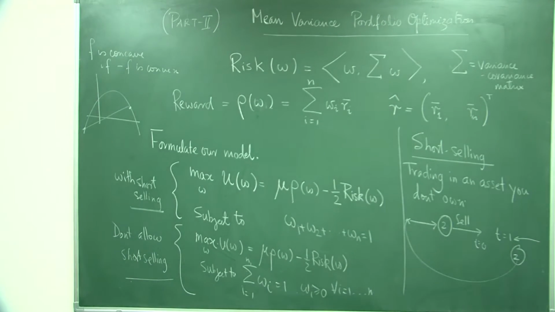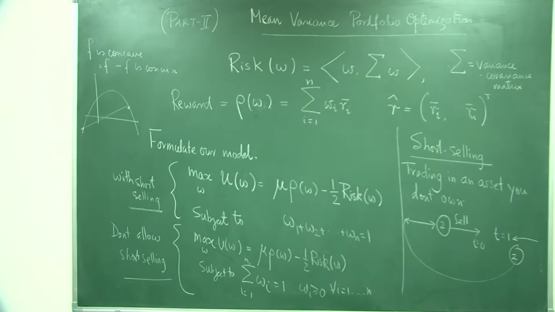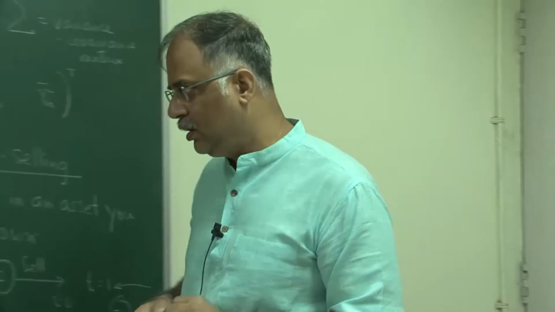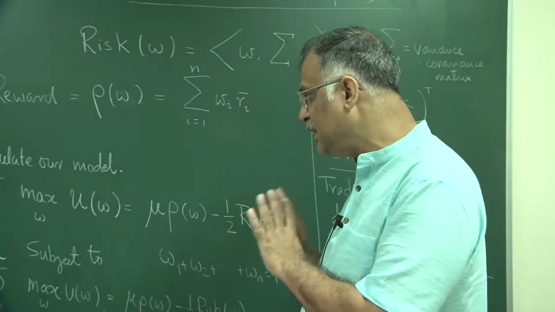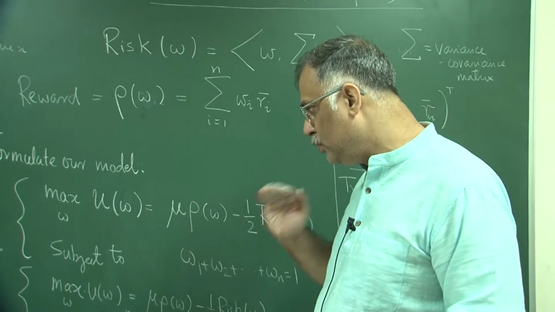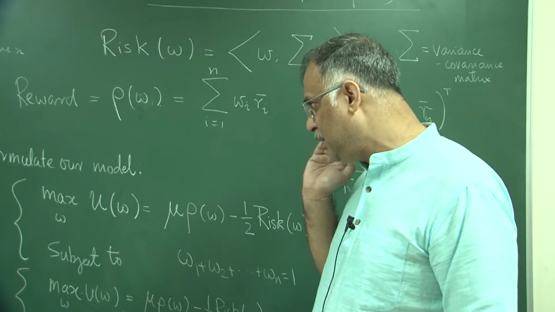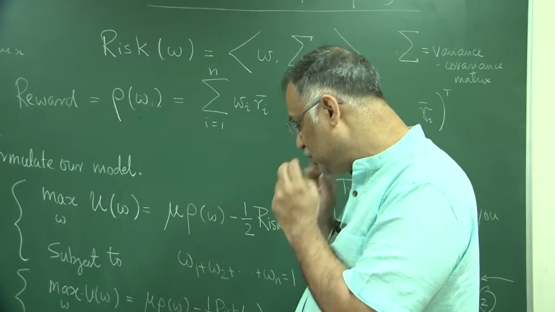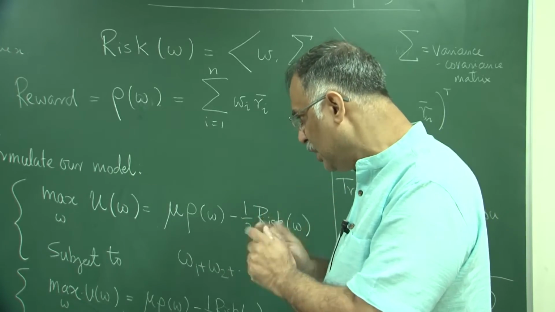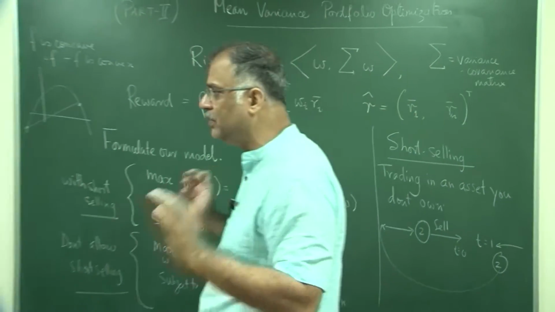Another important class of problem which we will now write down would ask us that, okay, I simply want to minimize my risk, but I want to get those W's, those allocations which will give me a certain level of expected return.